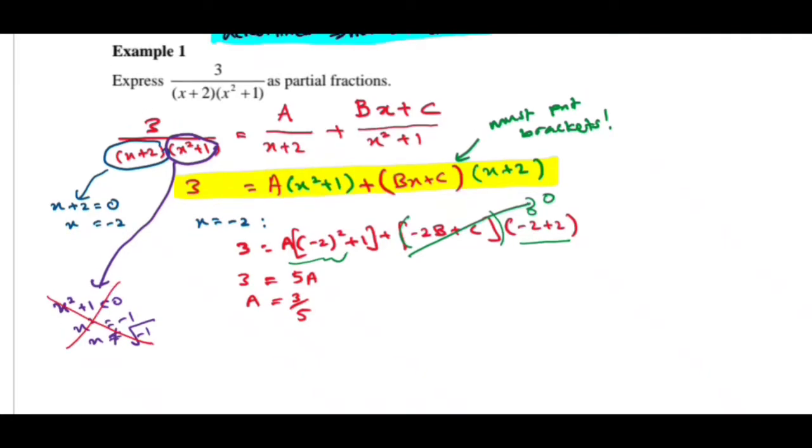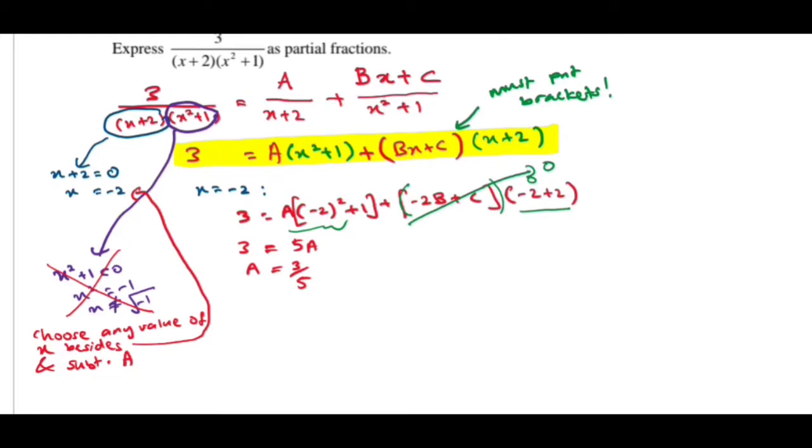So whenever you have this problem, there's no other values of x that you can substitute in. So you can just choose any value of x besides the one that you have used, which is x equals negative 2. And also don't forget to substitute the constant that you have found, which is, for this question, a.